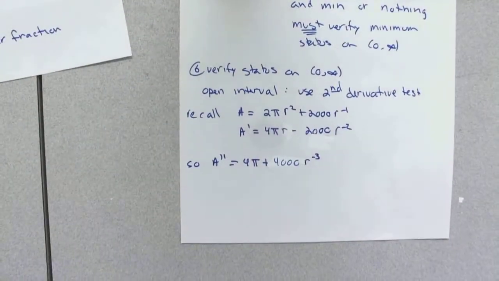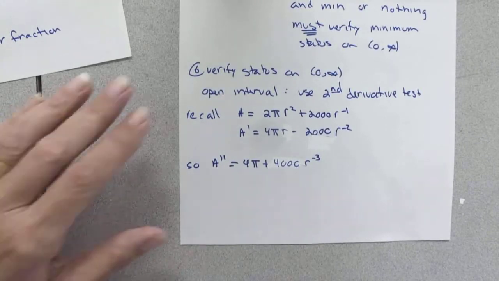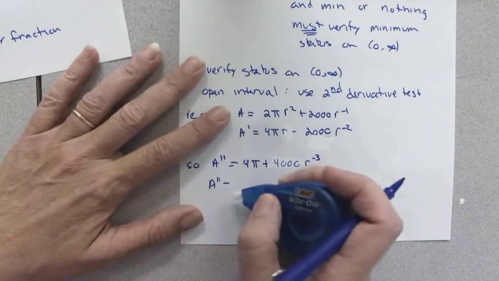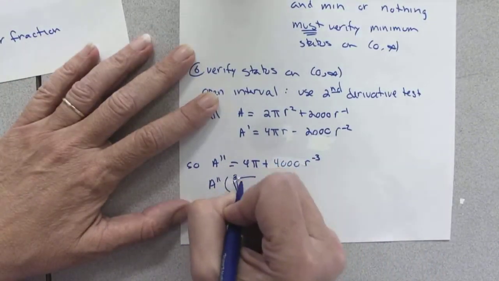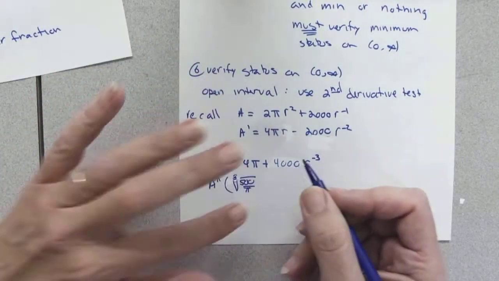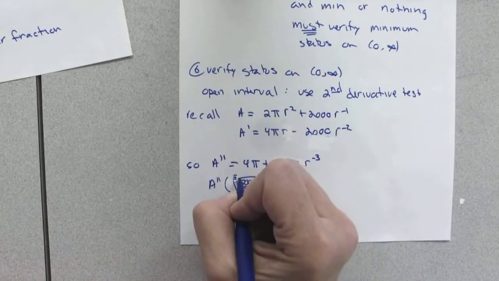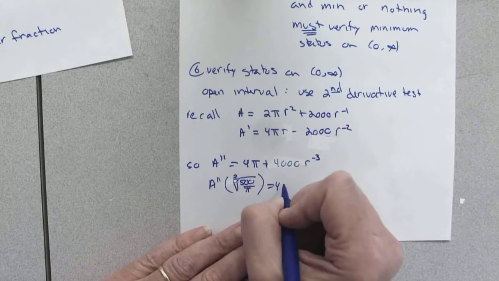So the second derivative test says, find your critical number. We did that. Find your second derivative. We've got that. Then plug your critical number into your second derivative. So my critical number was the cube root of 500 over pi. Now that in no way, shape, or form is simplified, but I do not care if you simplify that. So plug that critical number in there.